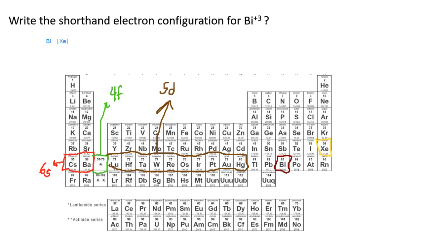And then lastly, we have 3 p electrons, and since it's on the 6th row, this is 6p. So now we can write the electron configuration of bismuth, which is 6s2, 4f14, 5d10, 6p3.